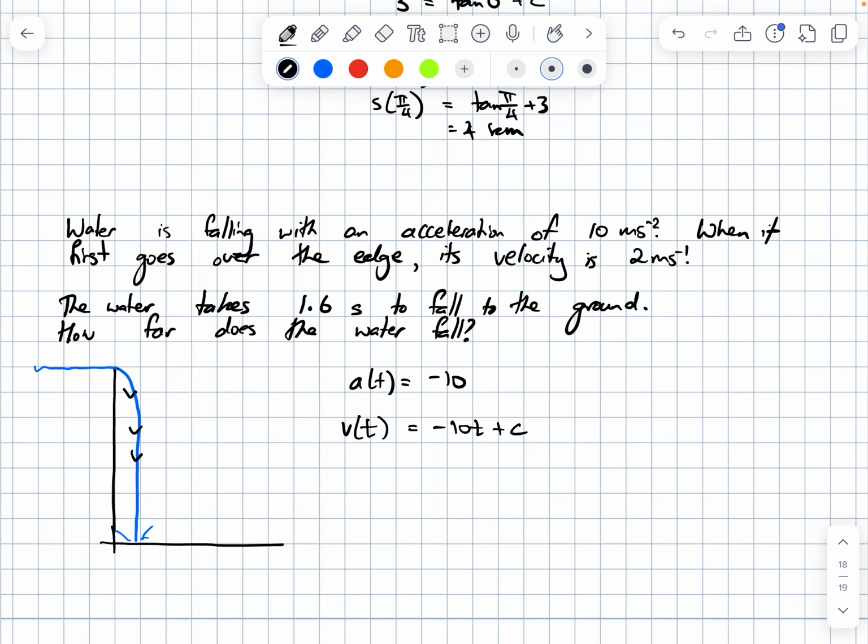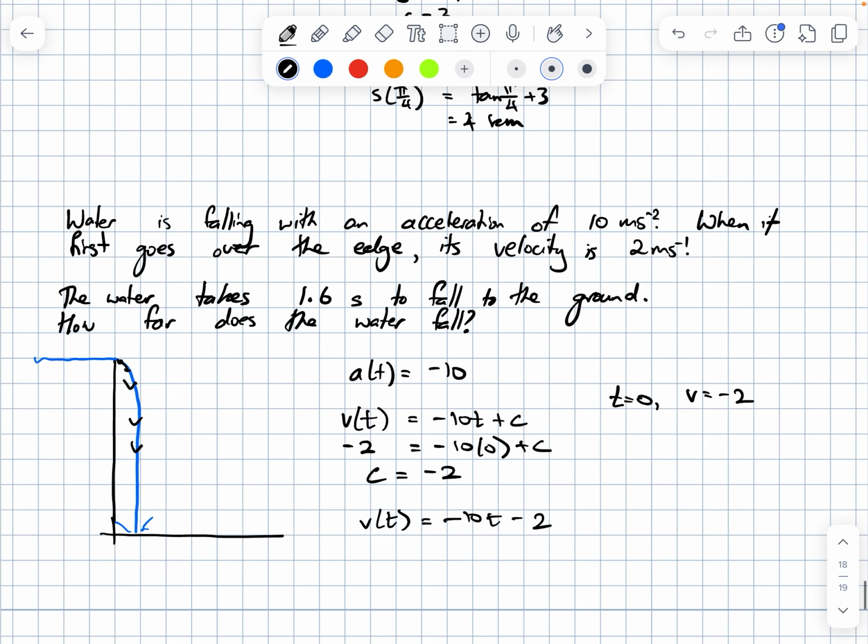Now, to find c, we need to substitute a point. We're told when it first goes over the edge, its velocity is 2 meters per second. It is actually going downwards, so that means that when t equals 0, its velocity is negative 2. And so we've got negative 2 equals negative 10 times 0 plus c. That means that c is equal to negative 2. So we have our velocity equation of negative 10t minus 2.